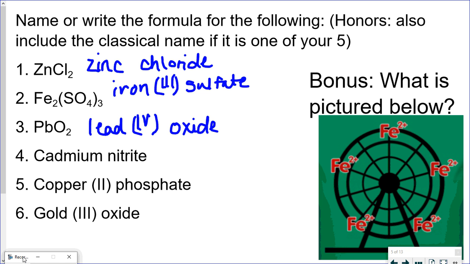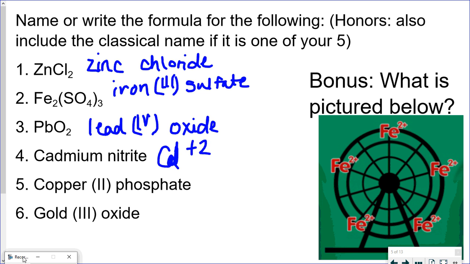So remember, whenever we are writing formulas, we do need to crisscross charges. Cadmium is Cd. Remember, cadmium only has one possible charge, so that's why it does not have Roman numerals. Cadmium is in the same column as zinc, so it is a +2 charge.